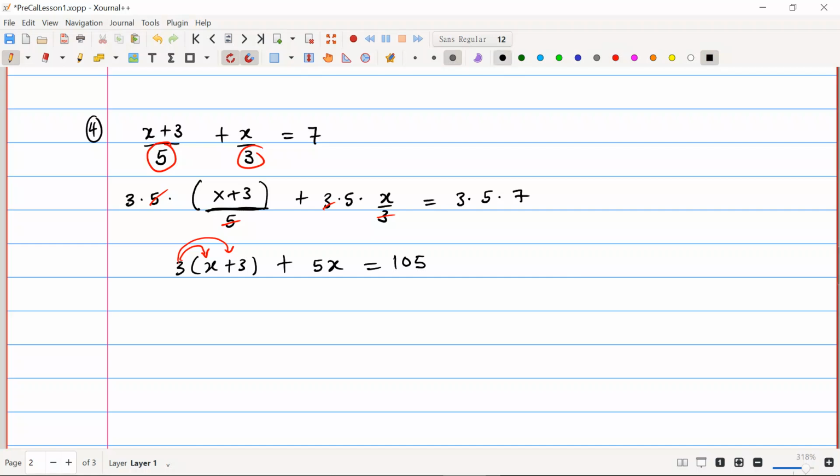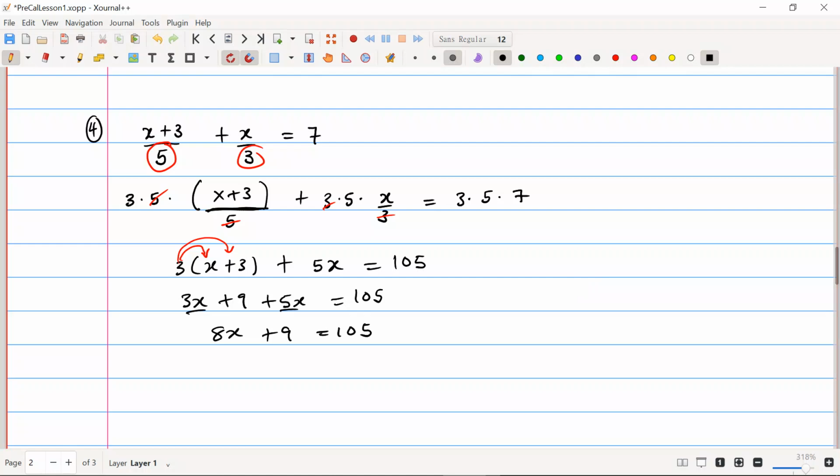Then you're going to have 3x plus 9 plus 5x equals 105. Again, like I said, what we do is add the x's. We have 3x and 5x, so here I'm going to have 8x plus 9 equals 105. Then what I do is I want to make sure that on the left side I have only x's.